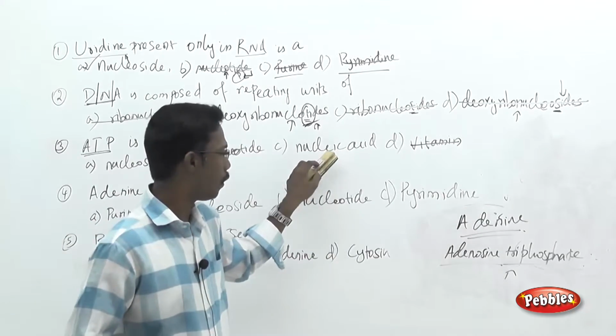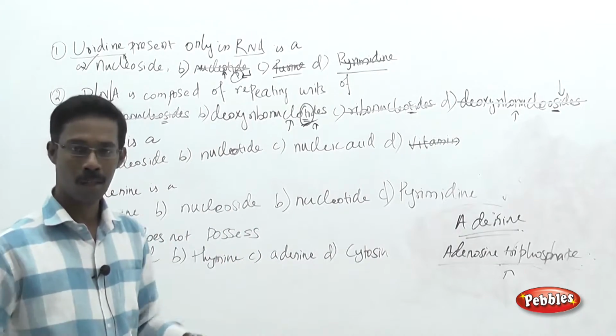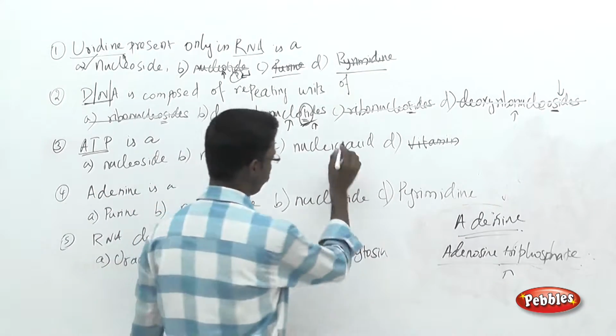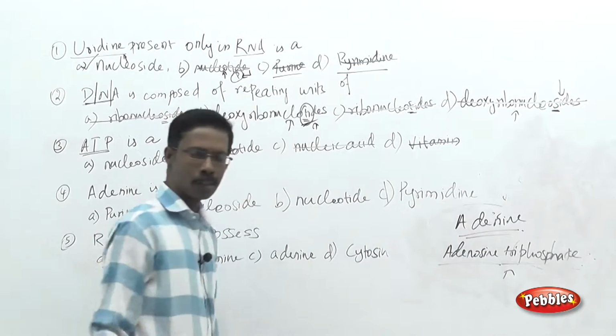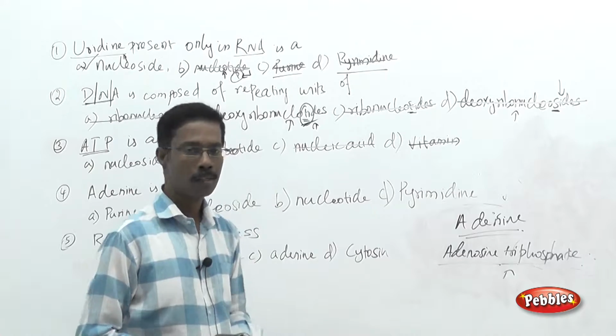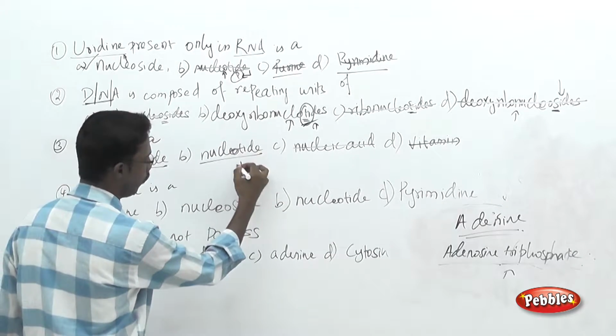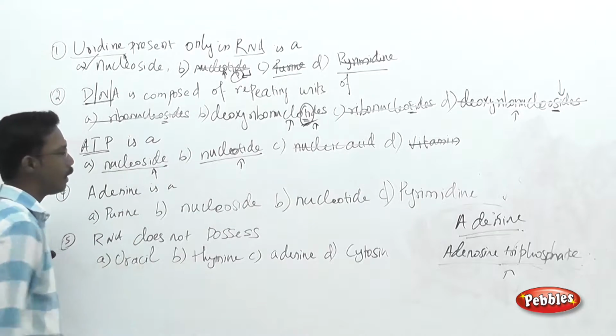Whenever you are talking about a nucleic acid, it is a polymeric structure of nucleotides. ATP is a single unit, so you cannot use the term nucleic acid for a single unit. So you have to choose the answer from these two choices, nucleotide and nucleoside.